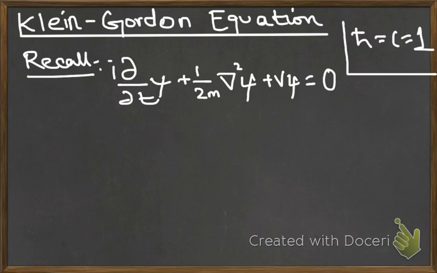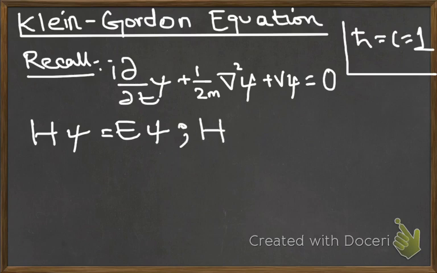And we also know that when my Hamiltonian acts on my psi, it gives me a constant energy eigenvalue times psi, and that my Hamiltonian can be written as the sum of my kinetic and potential energy.